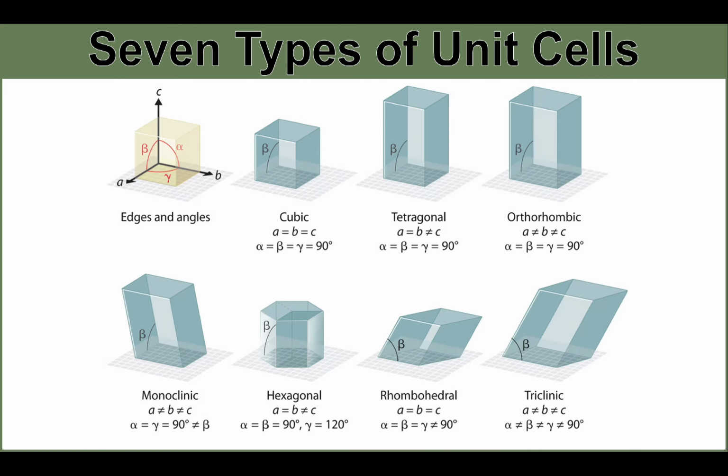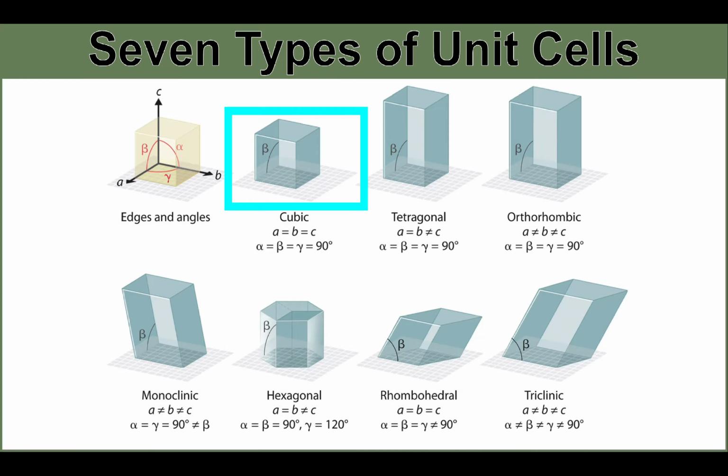Each unit cell has six sides, and each side is a parallelogram. We focus primarily on the cubic unit cells, in which all sides have the same length and all angles are 90 degrees. But the concepts that we introduce also apply to substances whose unit cells are not cubic.